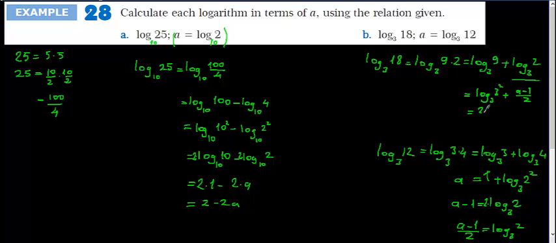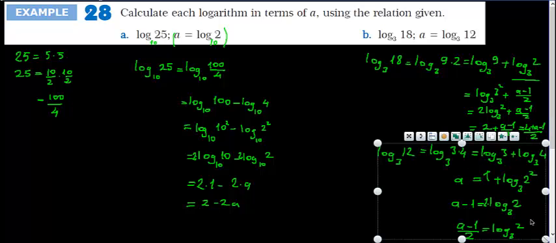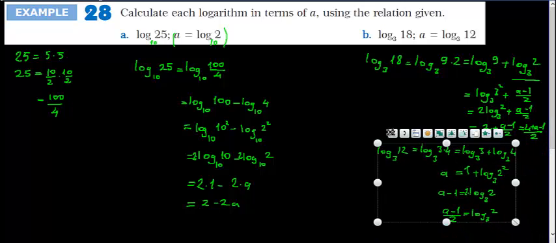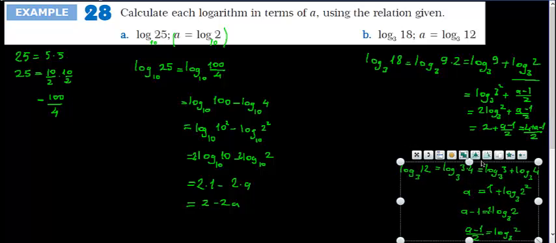That's equal to 2 plus a minus 1 over 2, and this is the last part now. 2 times 2 is equal to 4, plus a minus 1 over 2.